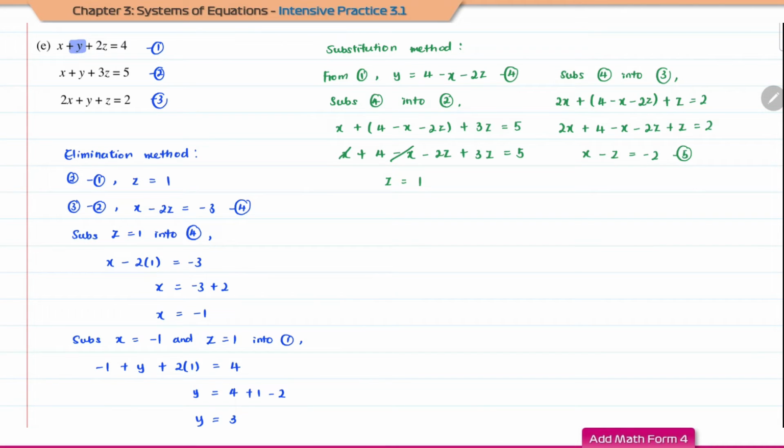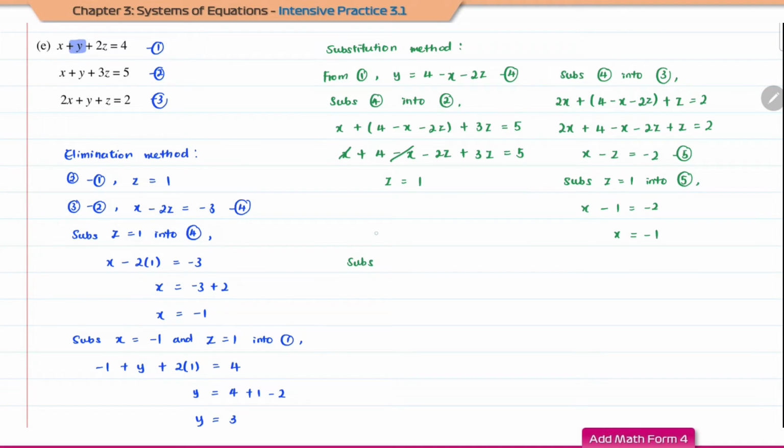As we already find what is the z, right? So next I'm going to substitute the z equal to 1 into equation 5. So therefore x is equal to negative 2 plus 1, which is equal to negative 1. Alright, so we still need to find the value of y.